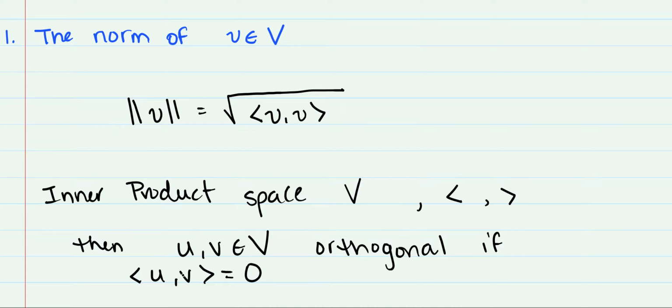Usually it's u transpose times v when we're in Rn, but now these may be matrices that are m by n, but when we take the inner product, whatever we've defined it to be, where this u and this v could be like polynomials like we just saw, or they could be continuous functions, as long as when we take these two vectors and we take the inner product, we get 0, then we call them orthogonal.